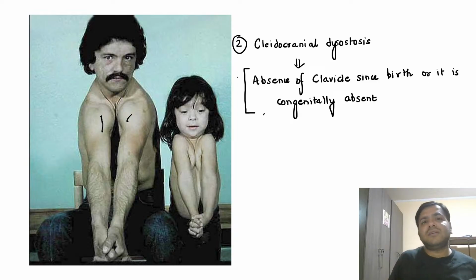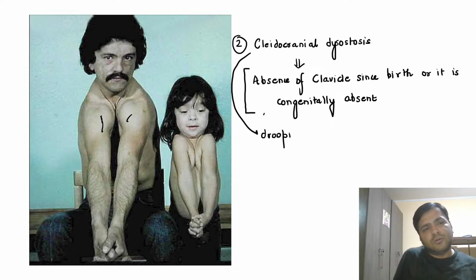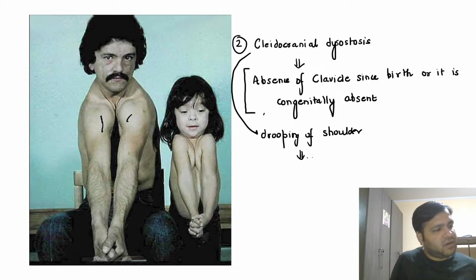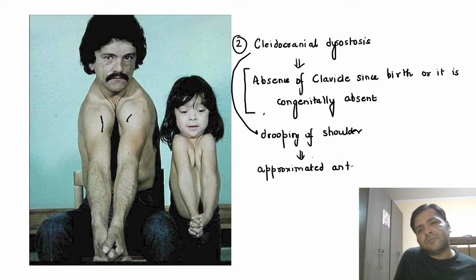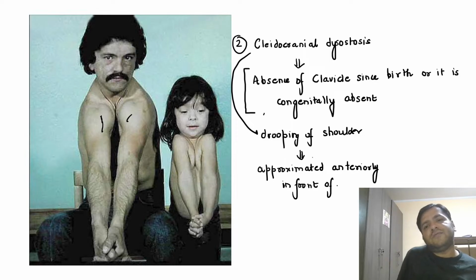So this can also result in the drooping of the shoulder, where obviously it is approximated anteriorly in front of the chest.